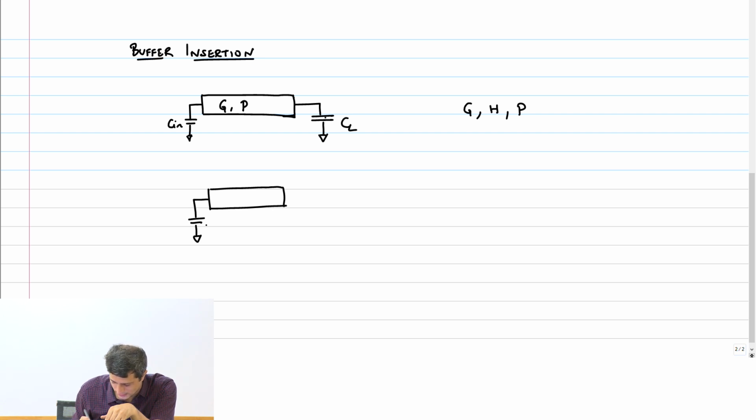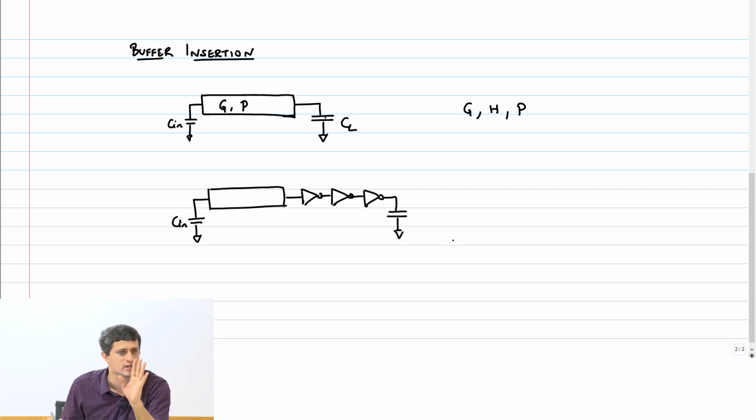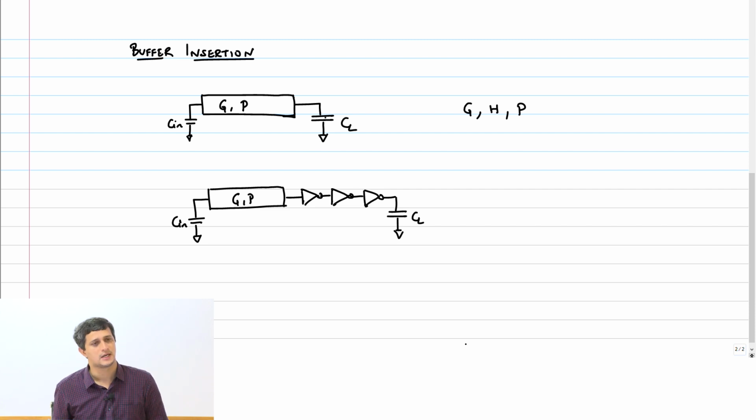Same C in, because that doesn't change. Then I start inserting inverters in the path. Some number of inverters I'm going to put. I'm not going to worry about the logical inversion at this point. So this is G comma P. That doesn't change.